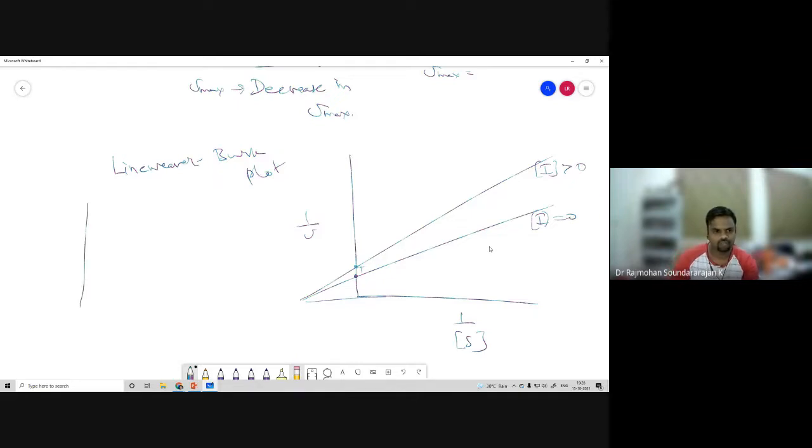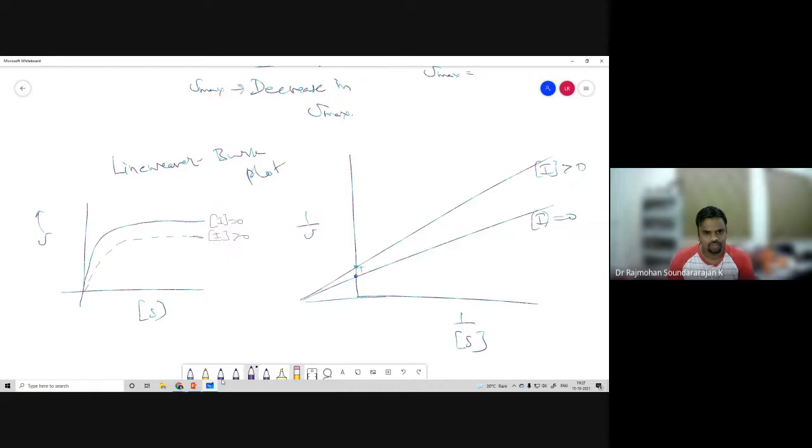In a normal plot of rate of reaction versus substrate concentration, usually we will have a graph like this. When inhibitor concentration is 0, we have a plot like this. When the inhibitor concentration is not equal to 0, when it is non-competitive, what is happening?